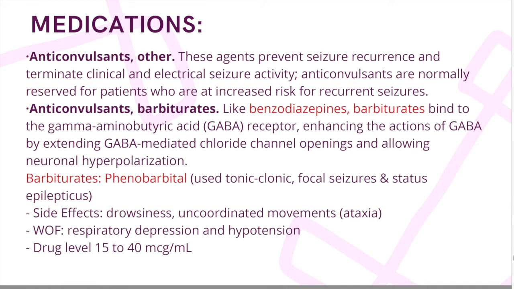Barbiturates or phenobarbital are used for tonic-clonic and focal seizures and status epilepticus. Side effects: drowsiness and uncoordinated movements known as ataxia. We need to watch out for respiratory depression and hypotension. And the drug level should be 15 to 40 micrograms per ml.